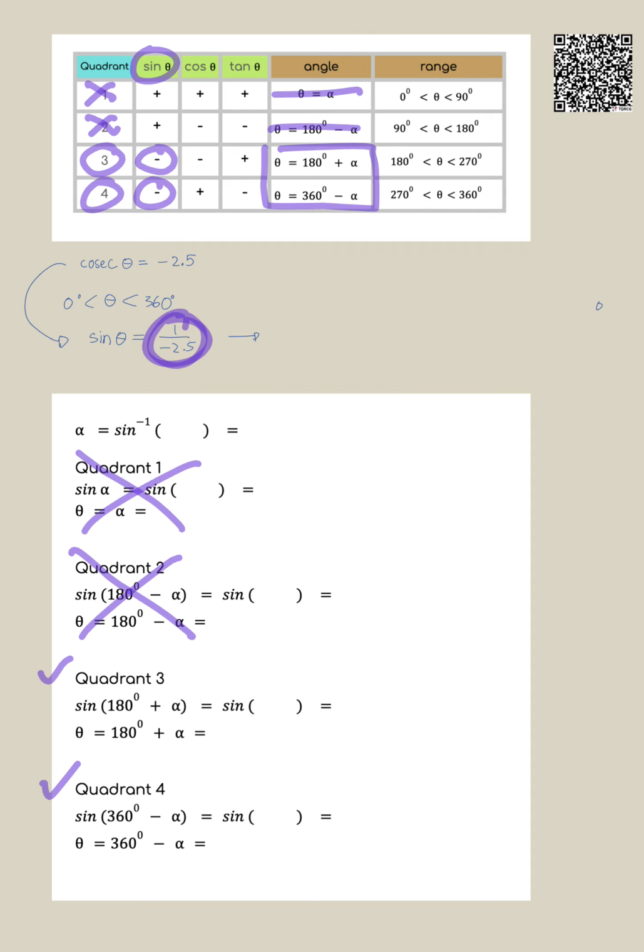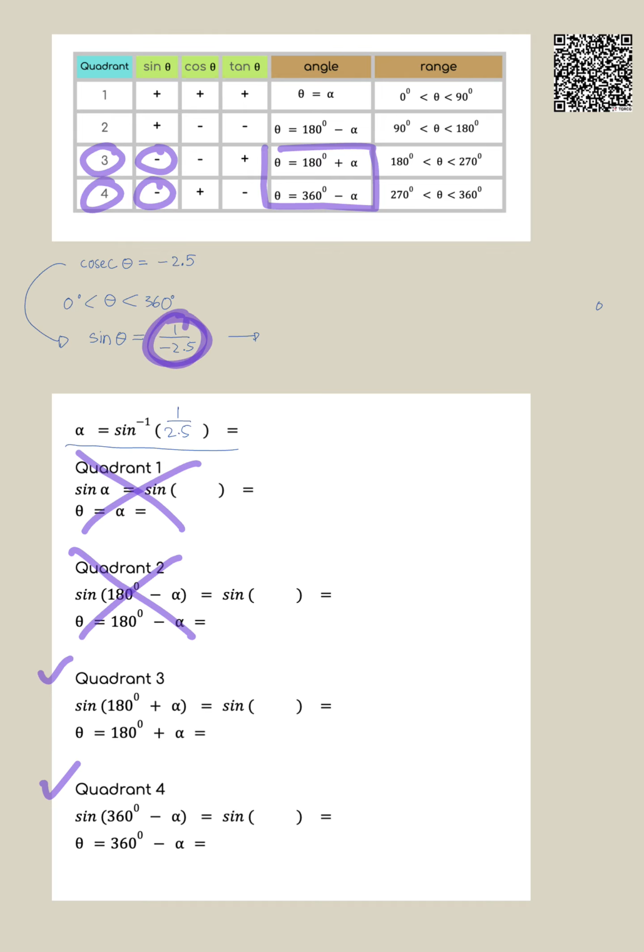Before we find the angle in quadrant 3 and quadrant 4, we find alpha first at the top here. Alpha is sine inverse 1 over 2.5. Now this is very, very important.